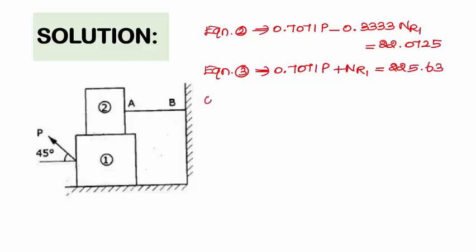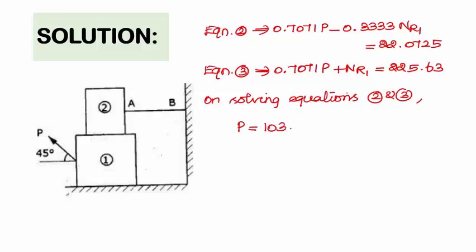On solving these two equations, we can get the value of P as 103.1792 Newton and NR1 as 152.6719 Newton.